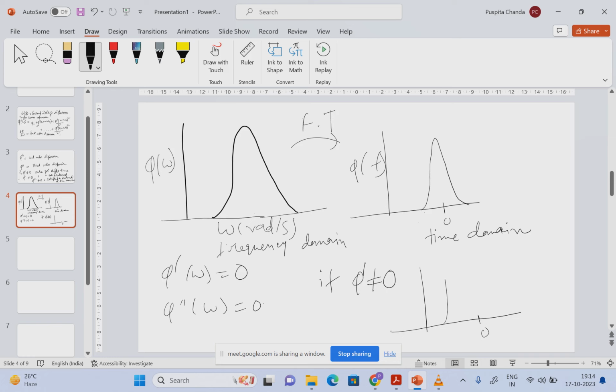The pulse will become like this in the time domain. If phi double dash is not equal to 0, then the pulse will get stretched.